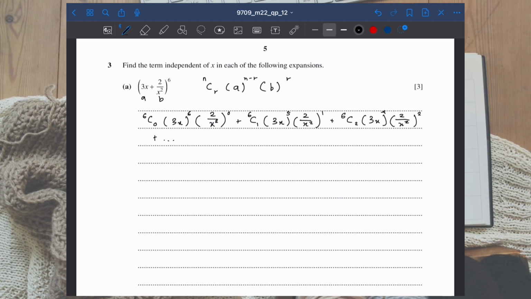You can continue expanding until the last term, but I'll just stop at the third term.